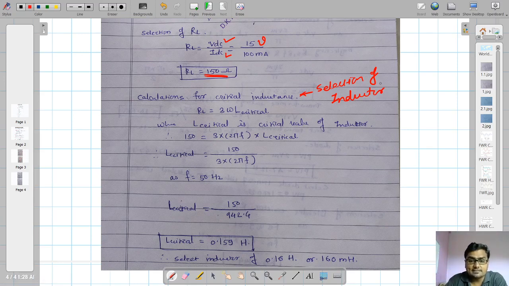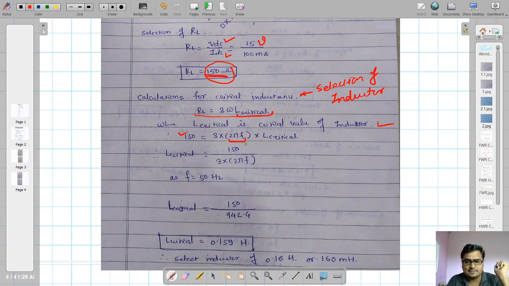So that's why I'm writing the equation. This equation is known to us. We have derived RL is equals to 3 omega L. But here instead of writing 3 omega L alone, I am writing L critical. So this is my perfect value, where L critical is the critical value of inductor. In this line I am writing, value of load resistor is 150. Just now you calculated here. Then 3 multiplied by omega means what? 2 pi f. I know what is f.